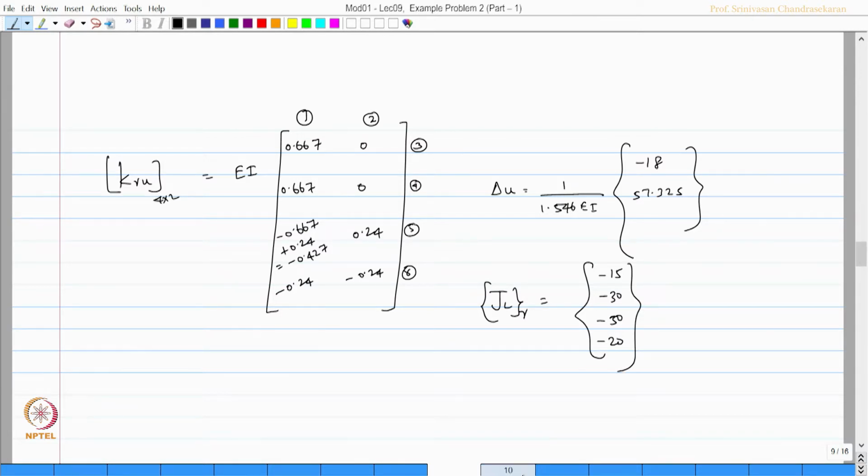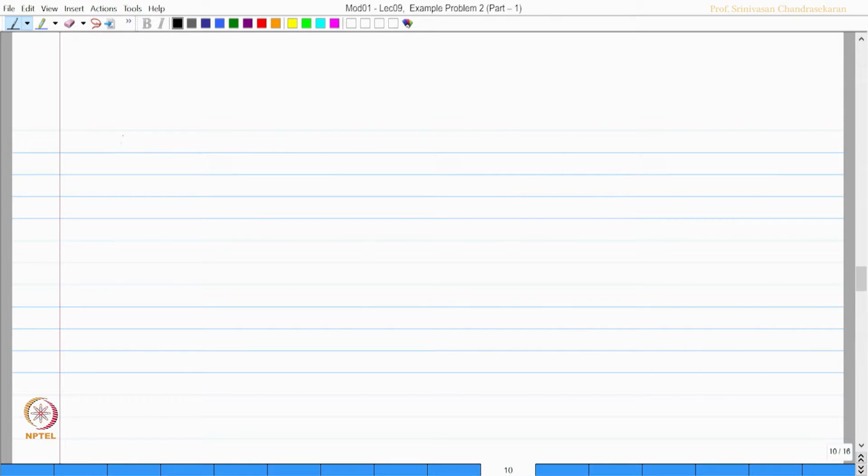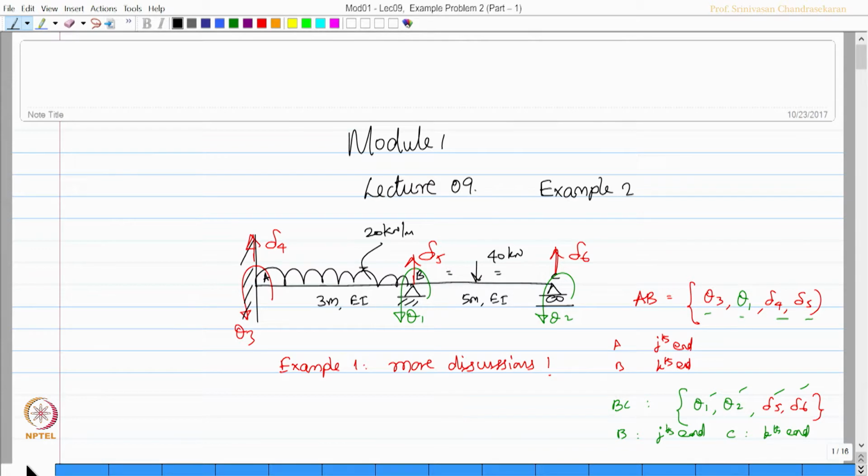Let us substitute in the equation to get RR, which is the restraint vector of 4 by 1. If you look at the original problem, the restrained degrees of freedom are theta 3, delta 4, delta 5 and delta 6.